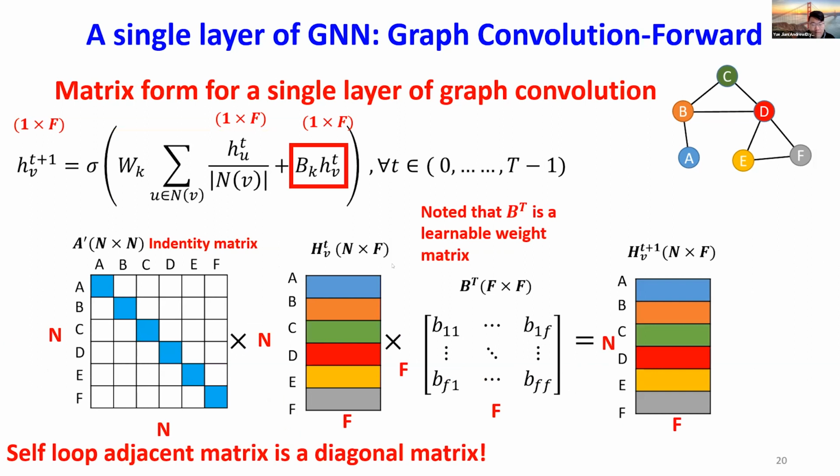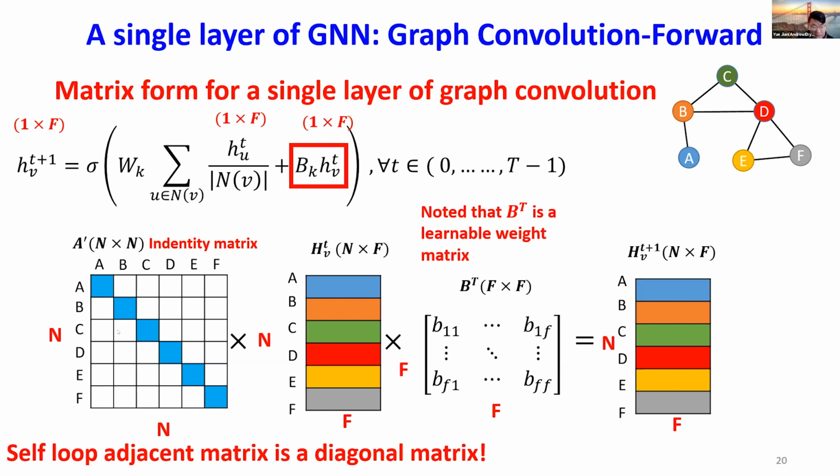Another thing is we need to deal with the self-loop terms. One of the easiest ways to deal with it is, we still have this node feature matrix, and since the self loops only pass the node features to itself, we can still represent it in an adjacency matrix.